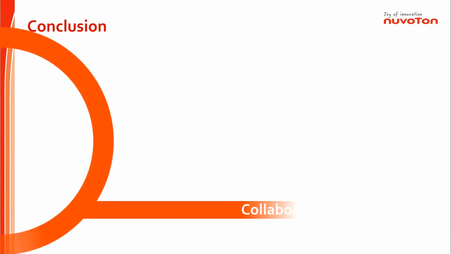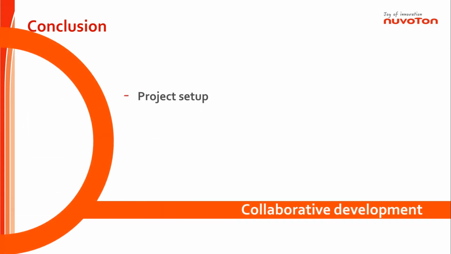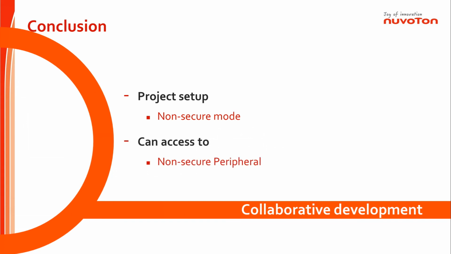The secondary developer must engage in development under the project environment in non-secure mode. Note that when developing, the peripheral configured to non-secure by the first developer can be accessed directly. Otherwise, only the peripheral configured to secure can be accessed by calling the non-secure callable function provided by the first developer.